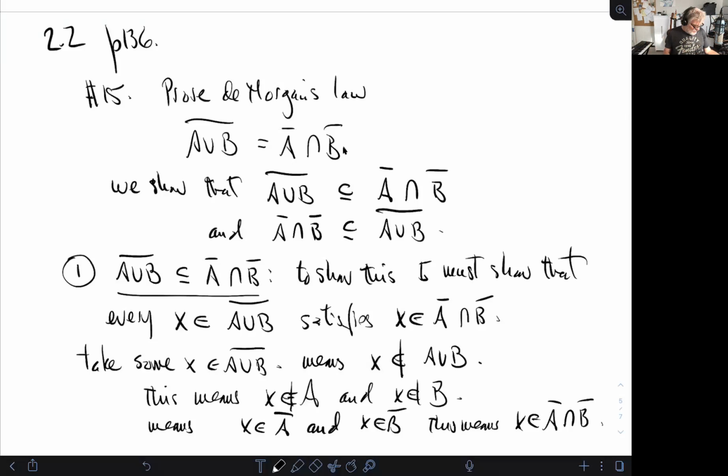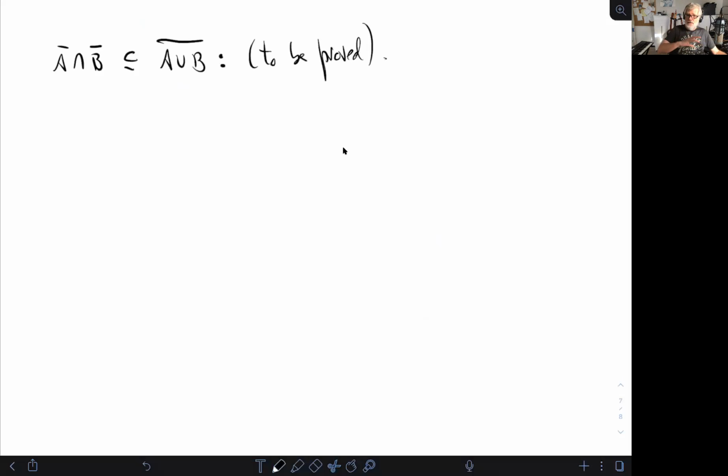For the second part, so this was the first one. The second one here, I think it's basically the same. Okay, so let's do this. So I want to show this. I want to show the left-hand set is a subset of the right-hand set.